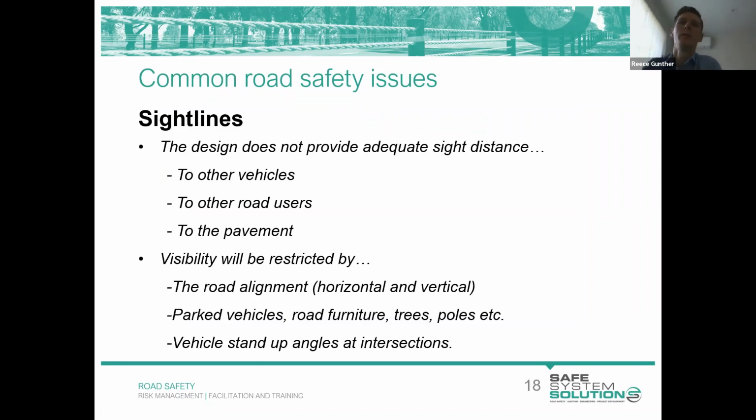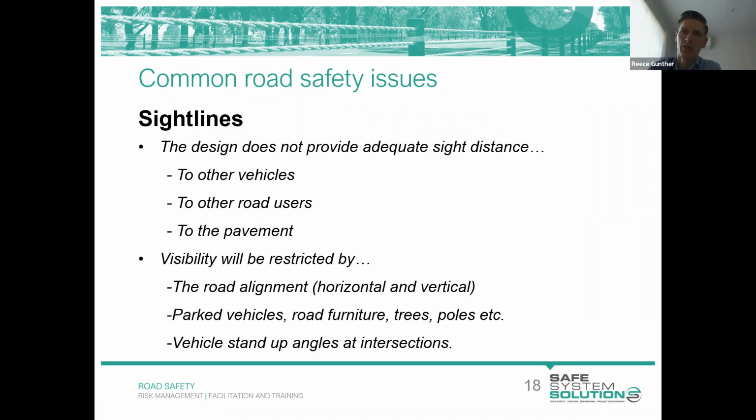Now, moving on to another common road safety issue that we commonly find, which is around sight lines. Sight lines are very important as they allow motorists to clearly identify, react, and avoid hazards that may be in the road environment or on the road surface.